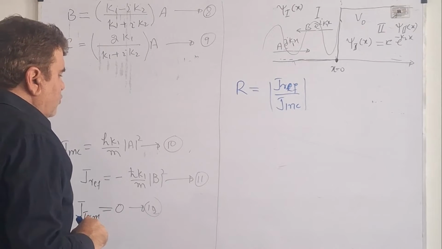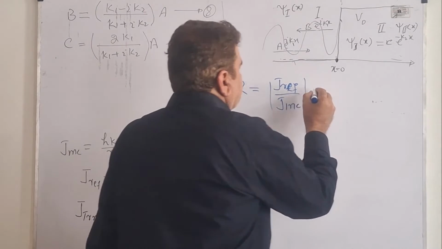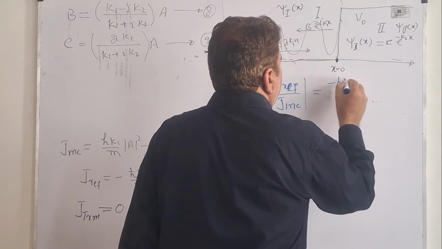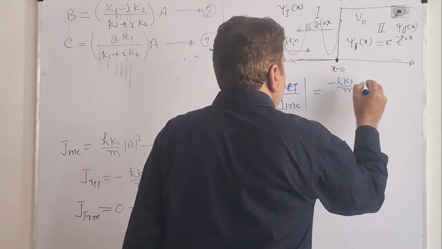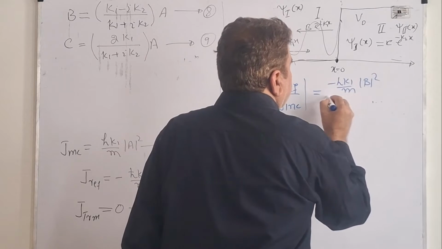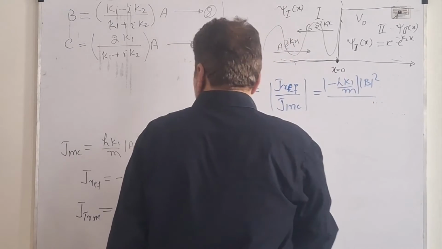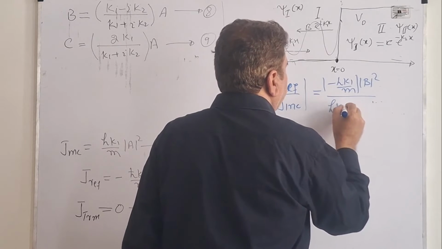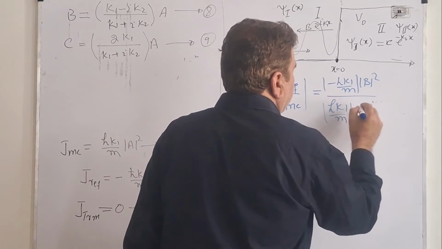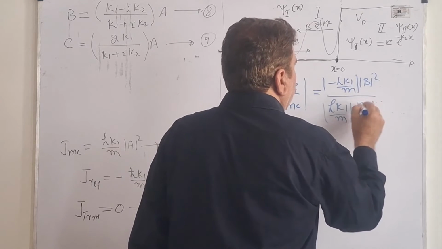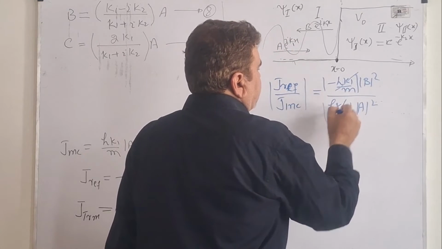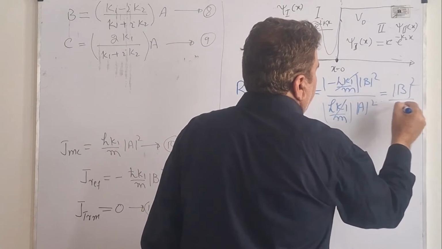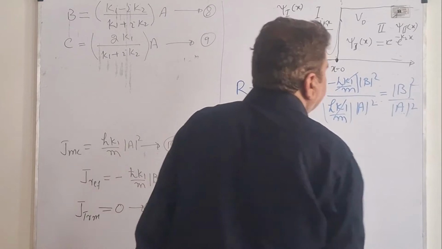And if I put the values, I can write this as minus h bar K1 divided by m, mod B squared, divided by, and this will become mod because we have mod over here, h bar K1 divided by m mod A squared. This cancels with this and we are left with mod B squared divided by mod A squared.